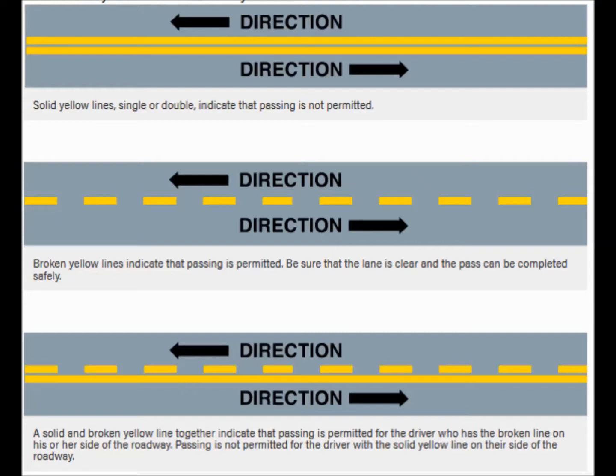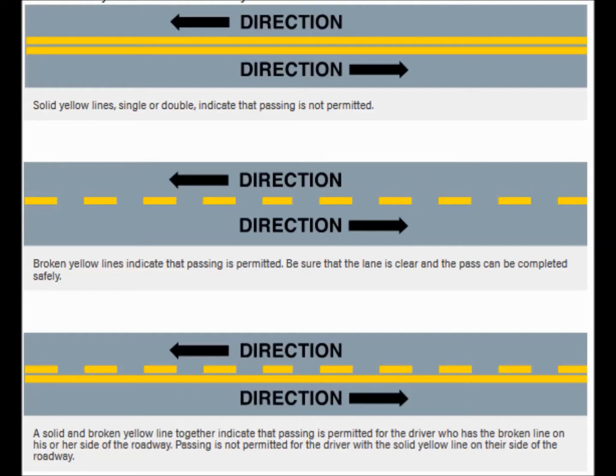Above the two solid lines is the black arrow going left and the black lettering direction. Below the two solid yellow lines is the black lettering saying direction and an arrow pointing right. End ID. Solid yellow lines, single or double, indicate that passing is not permitted. Broken yellow lines indicate that passing is permitted. Be sure that the lane is clear and the pass can be completed safely.